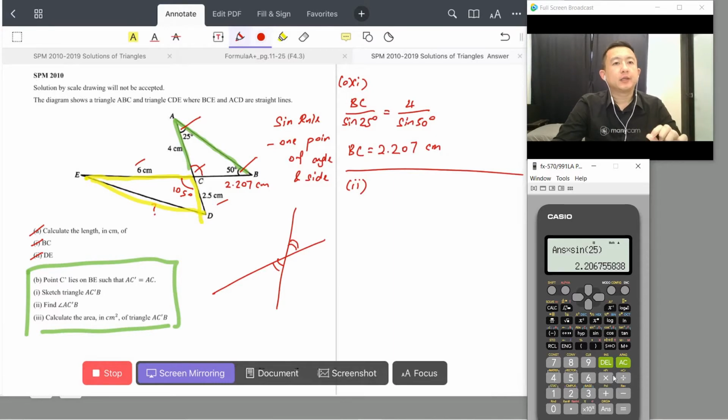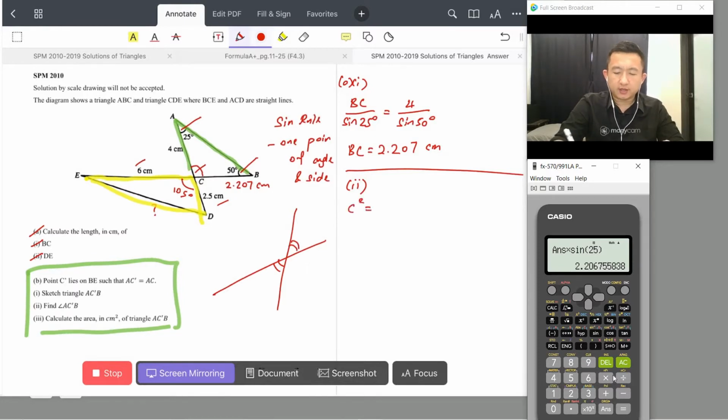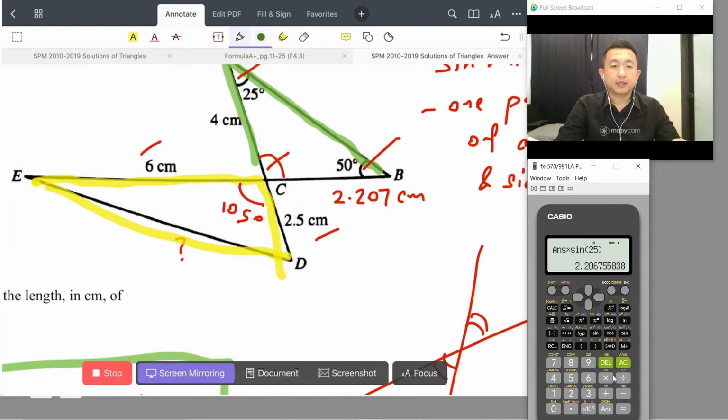Cosine rule, the most important part is you identify the angle C. Remember, cosine rule, you have C squared equals A squared plus B squared minus 2AB cos C. It's up to you whether you want to call it C or A. But there will be one angle that you can play around with, and the only angle that we know here will be 105. So this is your angle C. If this is your angle C, this is your side C, and the other two will be A and B. Doesn't matter which one is A, which one is B.